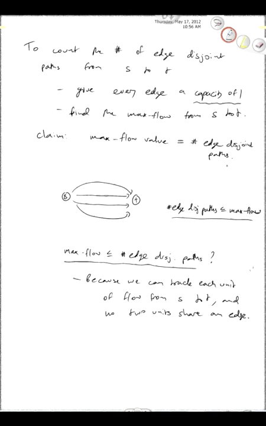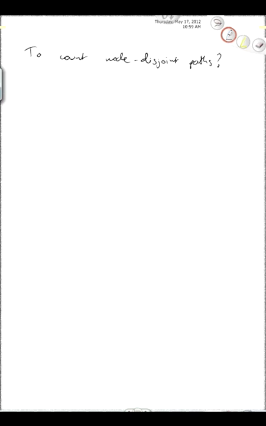So here we've been focusing on edge disjoint paths, but how would we count node disjoint paths? We're just going to use the node capacity trick.